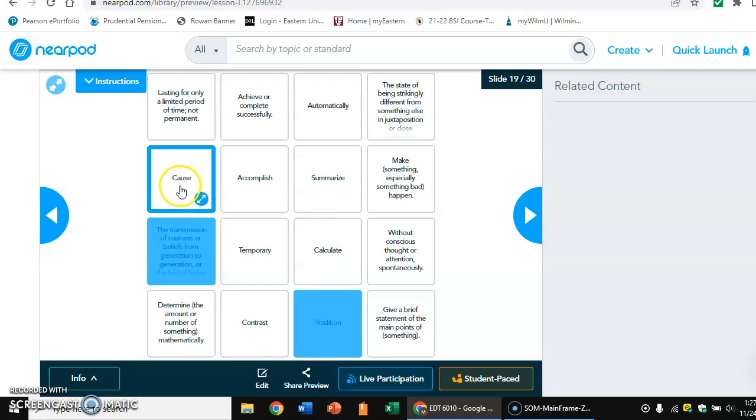So as you can see, I selected cause. If I come down here and I go to determine the amount or number of something mathematically, you're going to notice it's going to highlight red and X out. I would need to find the appropriate definition for the correct word. Okay.